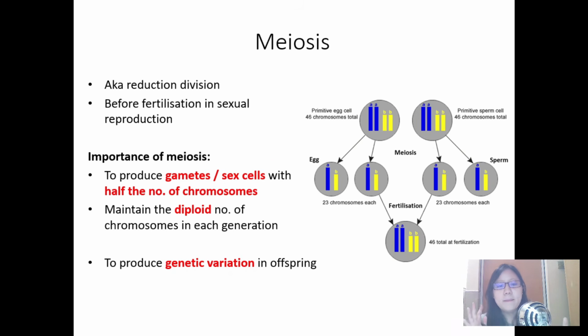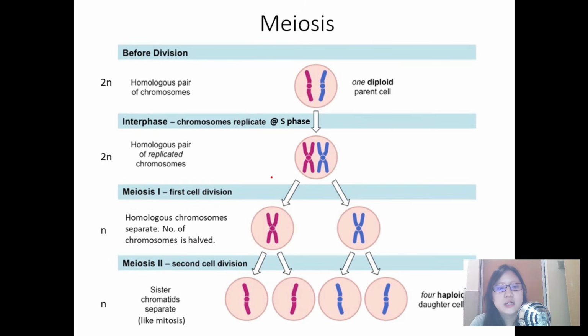But the idea is you have genetic variation. You look different. Your genes are slightly different, even though you have the exact same parents. Now, this process, what makes you different, is because of meiosis, and we'll find out how meiosis does this later on. For now, let's go through a little overview of what meiosis does.